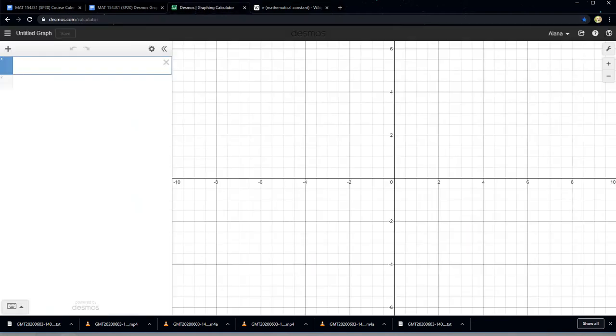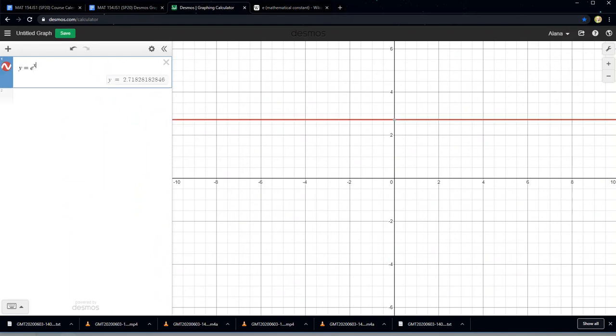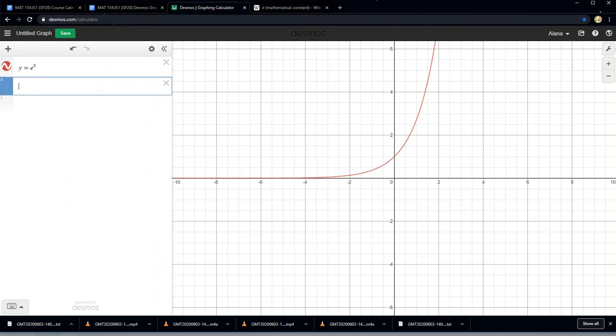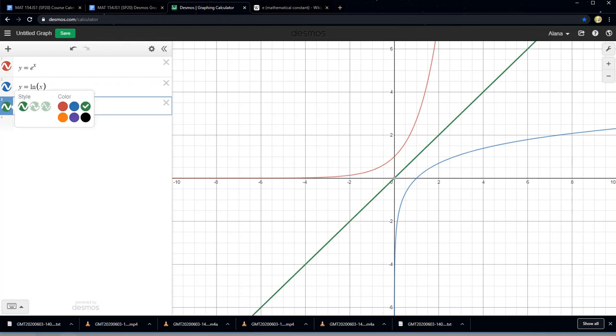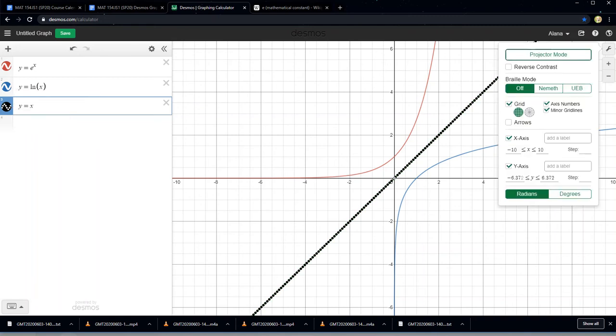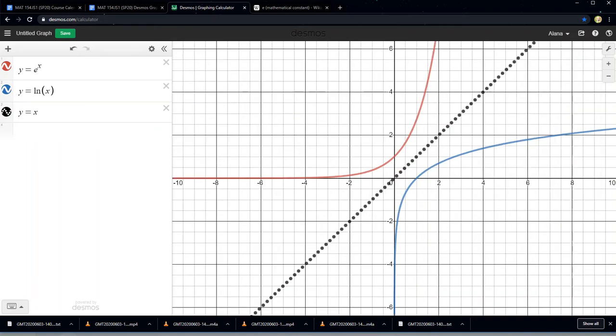So if I say y equals e to the x, and then I say y equals the natural log of x, and then just for fun, y equals x as a dotted line, you can see, hopefully, that the red curve and the blue curve, the natural log of x and e to the x, are reflections of each other along that dashed line. They're inverses of each other.